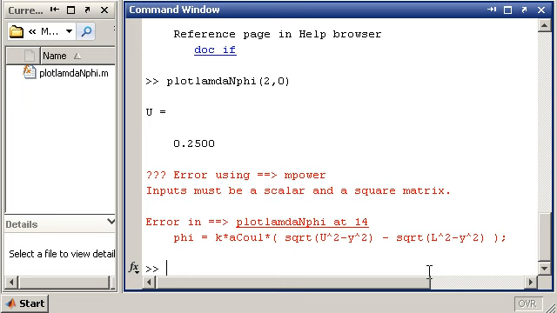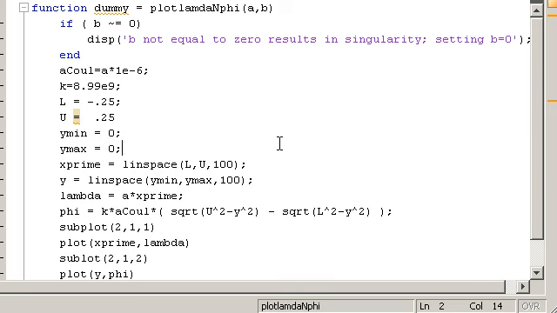Excellent. We got much farther along. So the old trying to do something with an array, I want to do it on an element by element basis. Whatever the operator is, I put a dot in front of it.